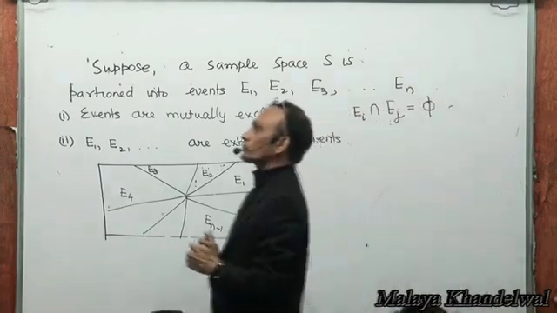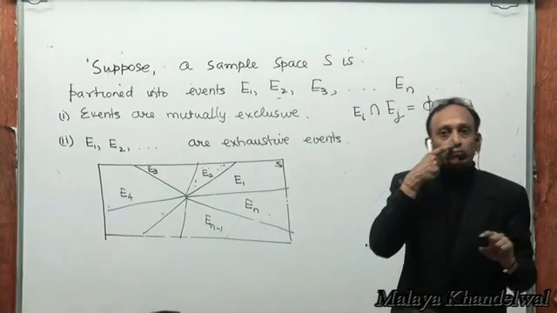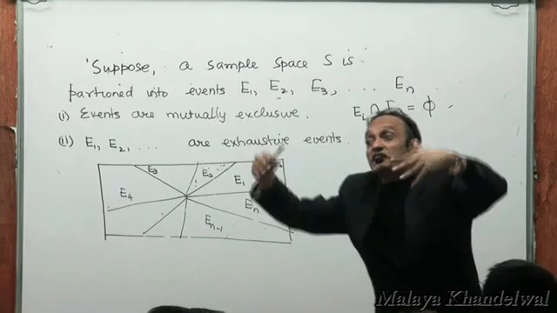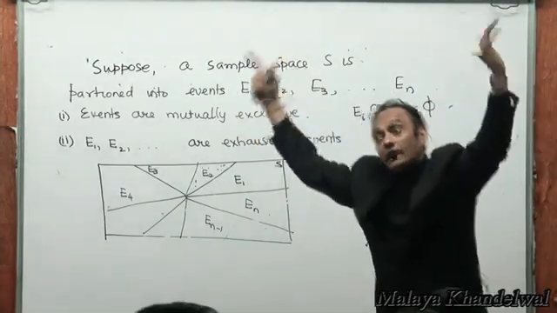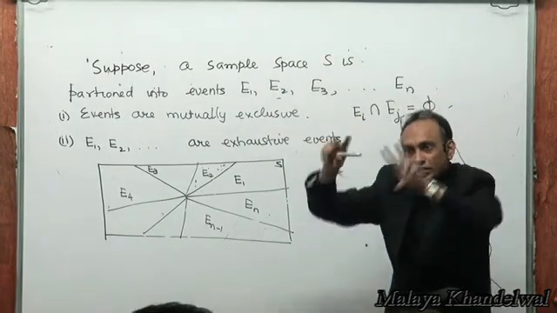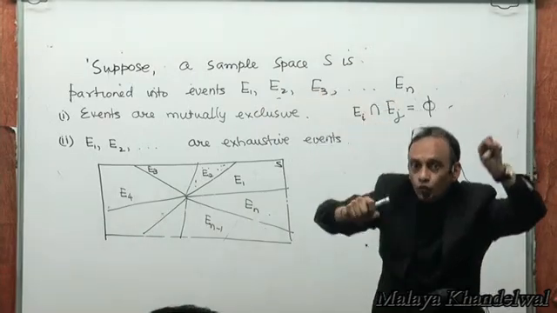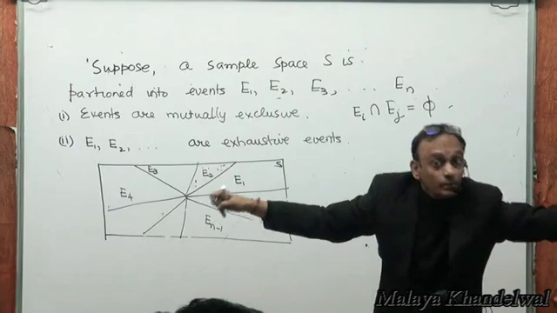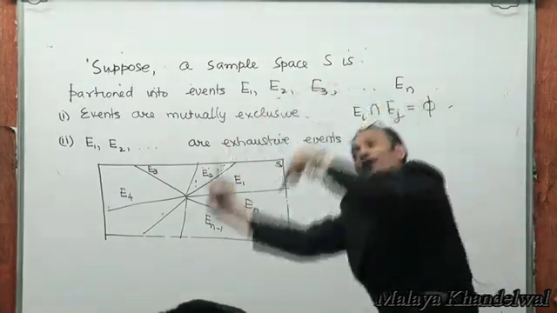Now, each of these events could have resulted in another event A. For example, in the earlier case, the three events were E1, drawing a bag of type A, E2, drawing a bag of type B, E3, drawing a bag of type C. Now each of these events in turn could have resulted in the drawing of a white ball.